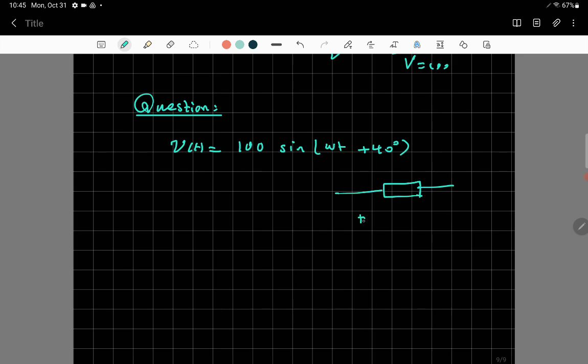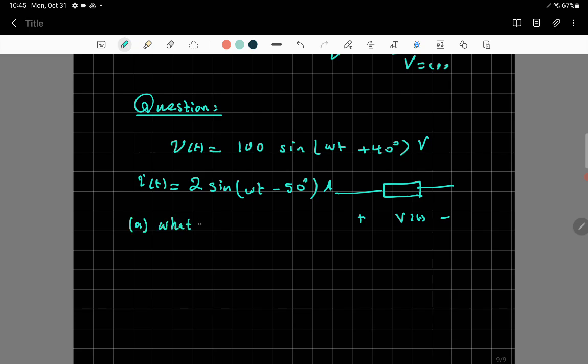So that was the voltage across. And the current, when it was measured, was equal to 2 sine omega t minus 50 mA.